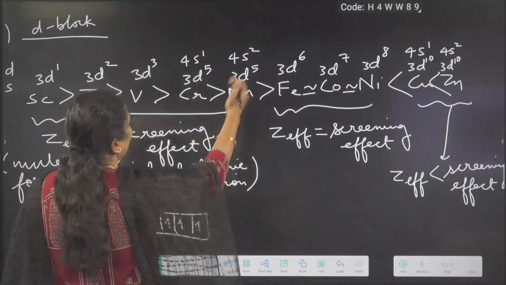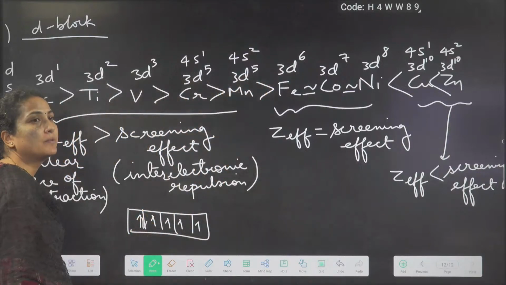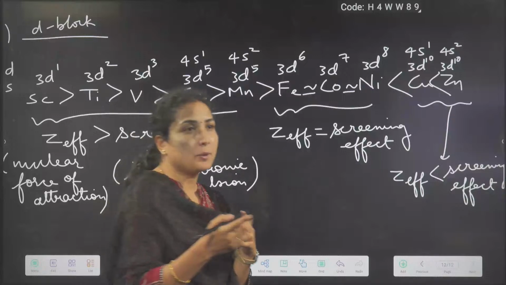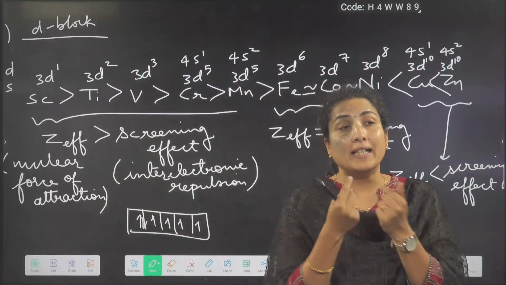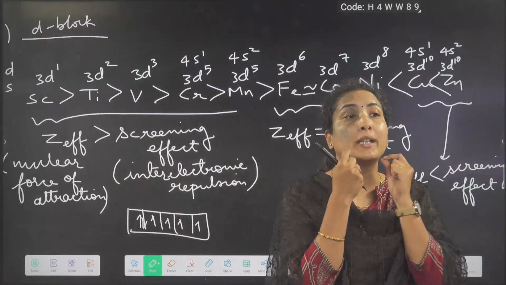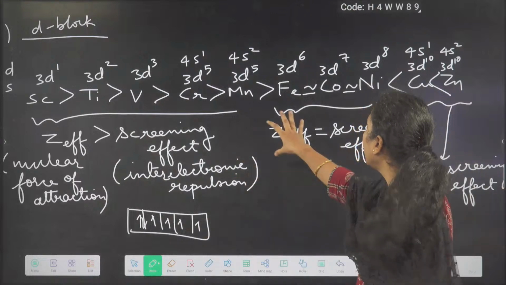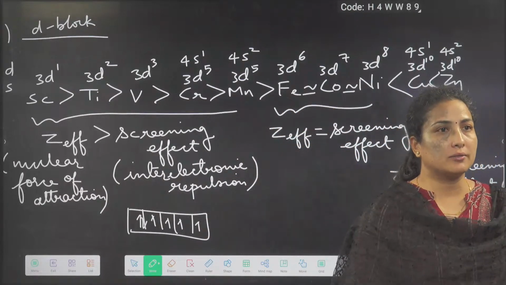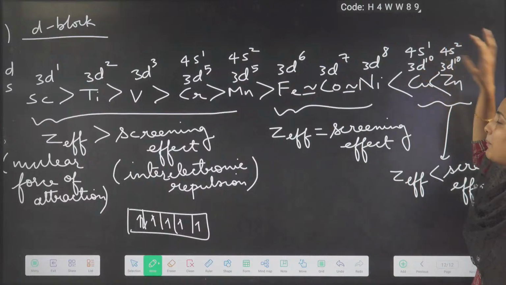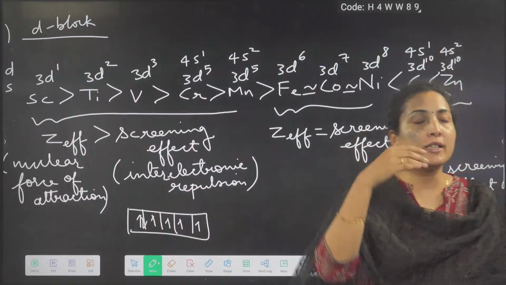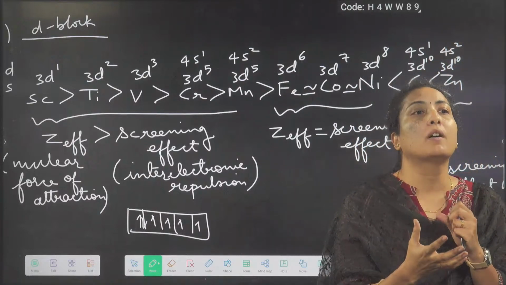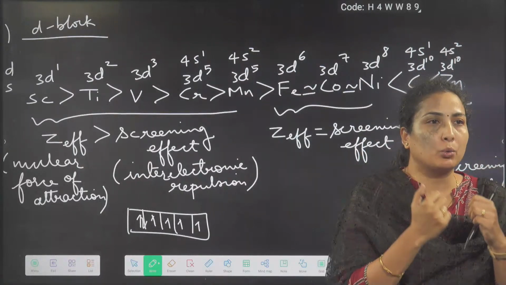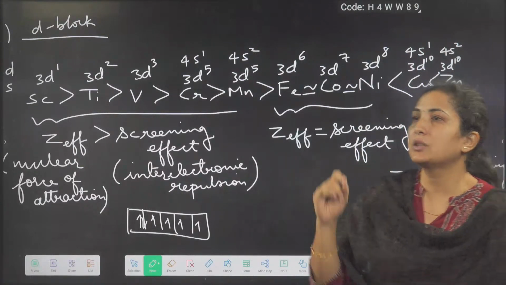Now, the moment you cross 5, it is getting paired up. When it is getting paired up, simultaneously inter-electronic repulsions are also going to increase. So it is seen here, both these phenomena are balancing out each other. In the last, when it has become d10, it is completely paired up, more repulsion as compared to attraction, and hence the size will increase.